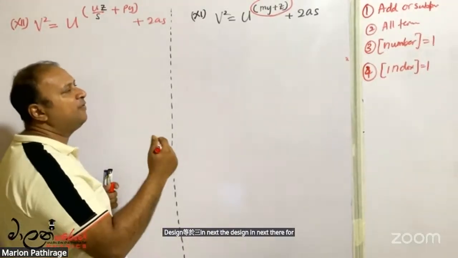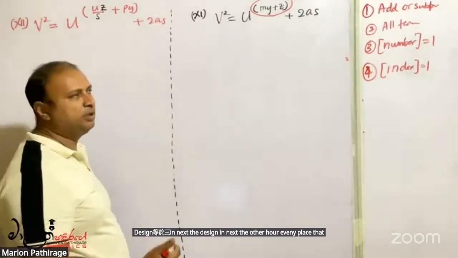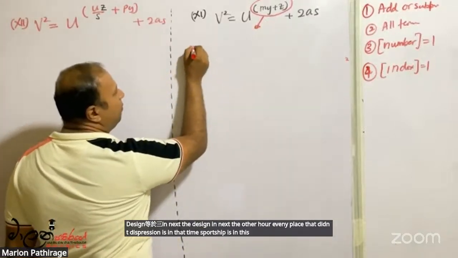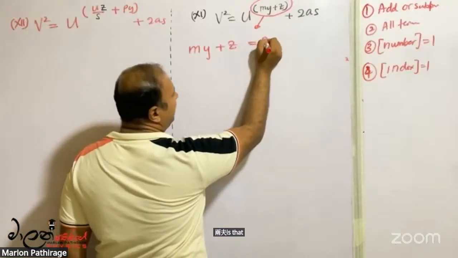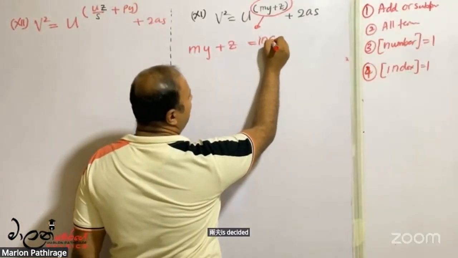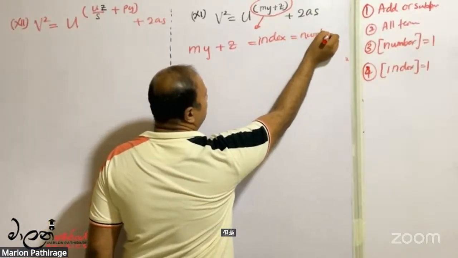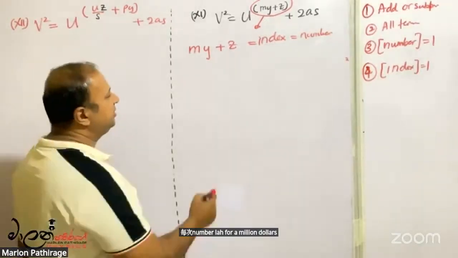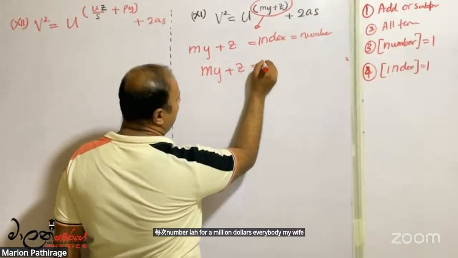Therefore, my plus Z, that entire expression, is an index. Index means that is a number. Therefore, my plus Z is a number.